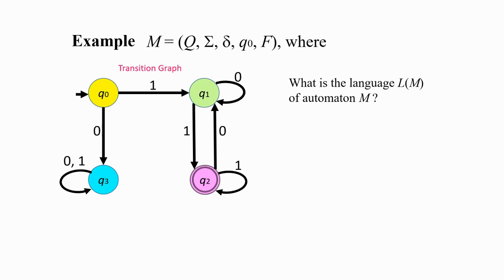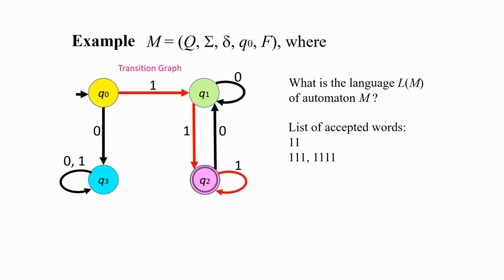So this is the list of some of the accepted words. 1, 1 is an accepted word because we can go from Q0 with 1 to Q1 and with 1 to Q2, which is the final state. 111 is an accepted word because we can go from Q0 with 1 to Q1 and with 1 to Q2 and take the loop to Q2.